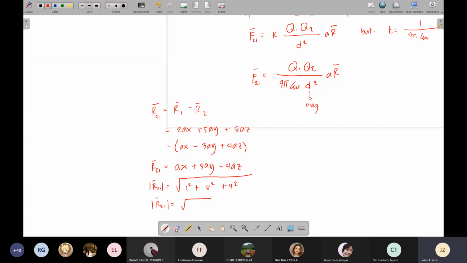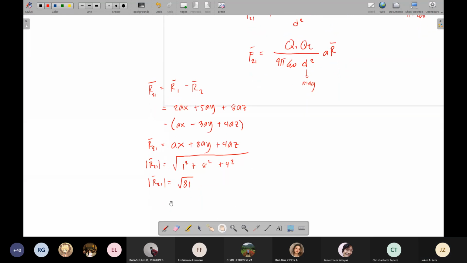Square root of 81. Is that right? 64, 16, 80, 81. So we have here our distance and our vector distance.